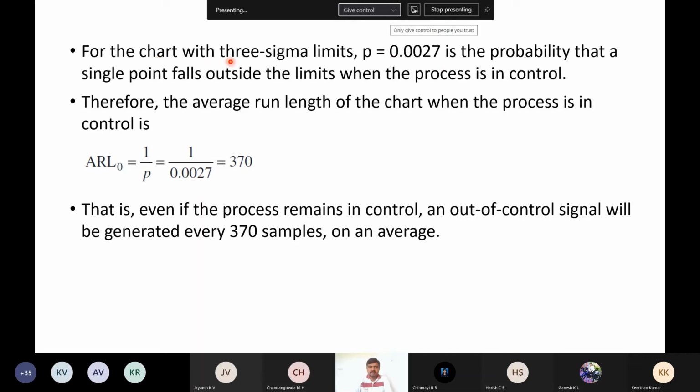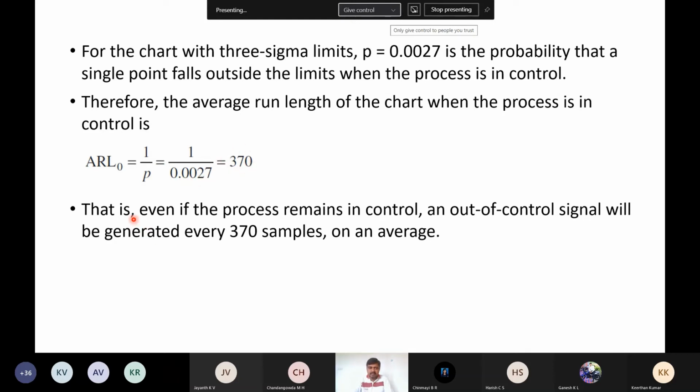For the control chart with 3 sigma limits, P equal to 0.0027 is the probability that a single point falls outside the limits when the process is in control. Therefore, the average run length of the control chart when the process is in control is, for this example, with P value 0.0027, 370.